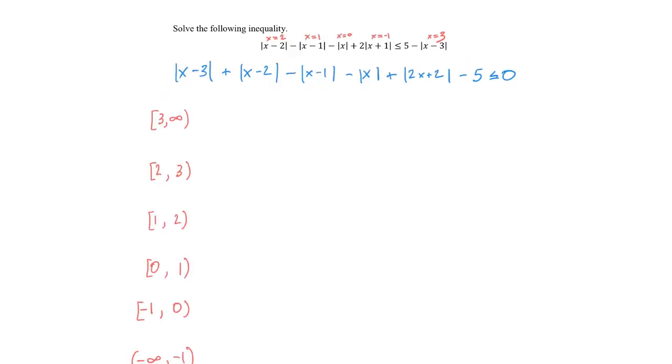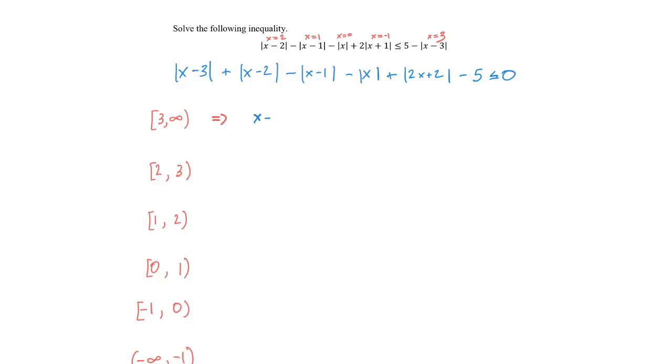Now, in each of the cases, the inequality that we've written down evaluates differently. The nice thing about this very first case is that we get to drop all of the absolute value symbols, because the stuff inside of the absolute value is positive for those x values.